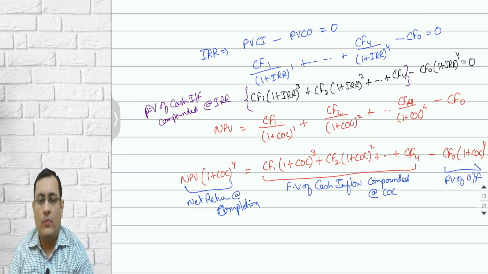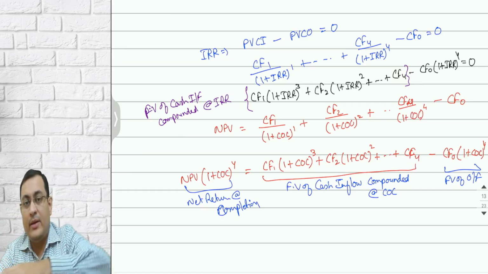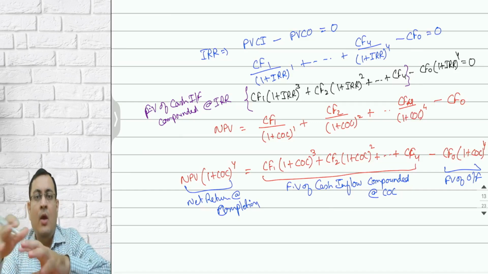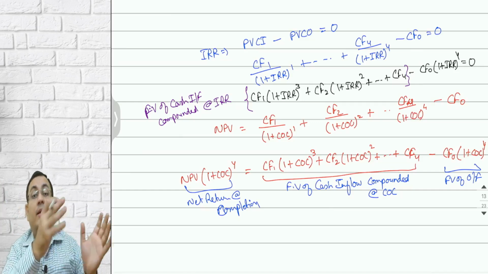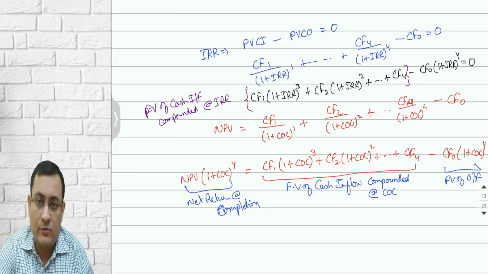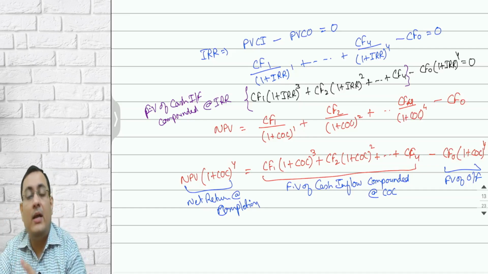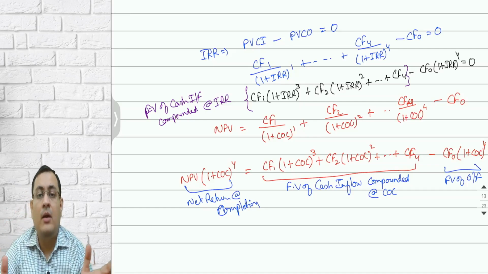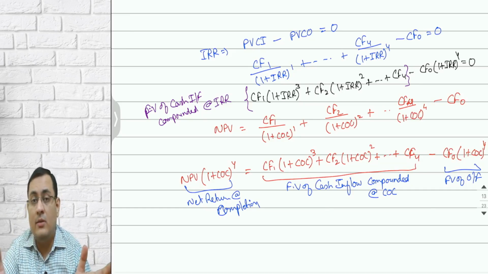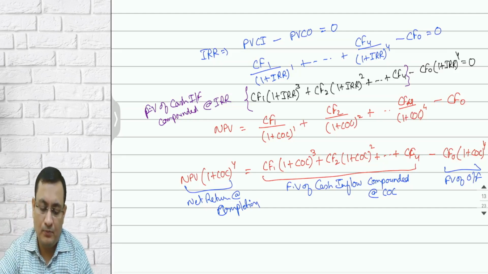Not sure. So which assumption is more realistic and economically feasible: to assume that intermediate cash flows will be reinvested at COC, or that intermediate cash flows will be reinvested at the return the project is also giving? COC is the better choice. That is why NPV is treated as superior to IRR. So whenever there is a conflict in the decision by NPV and IRR, we use the NPV method.